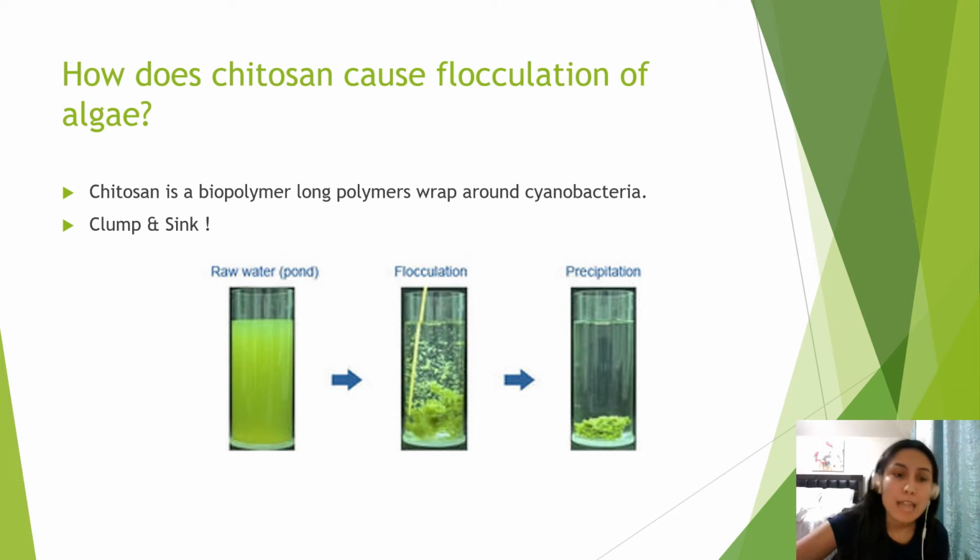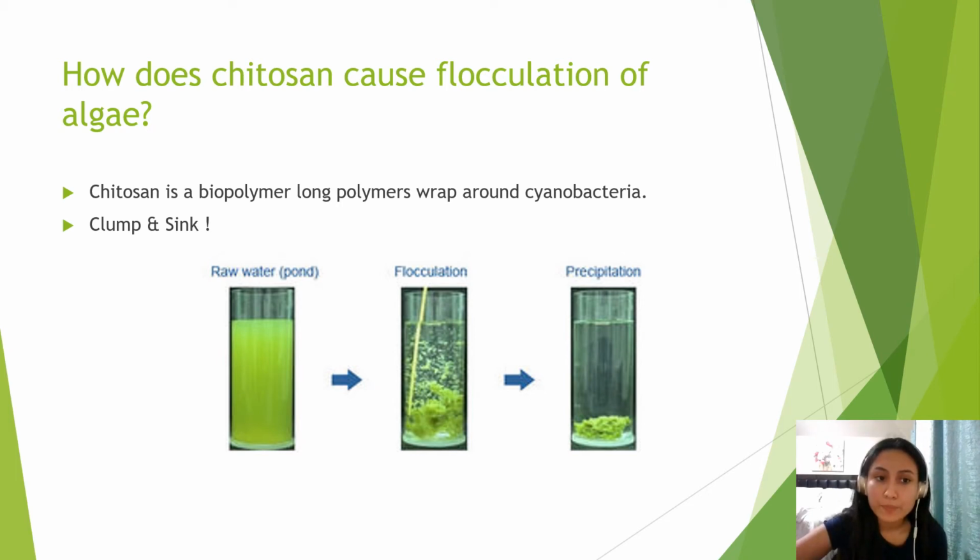So now we'll go over how chitosan causes flocculation of algae. In the study, chitosan is the modified local soil. So it's what's included in the modified local soil.